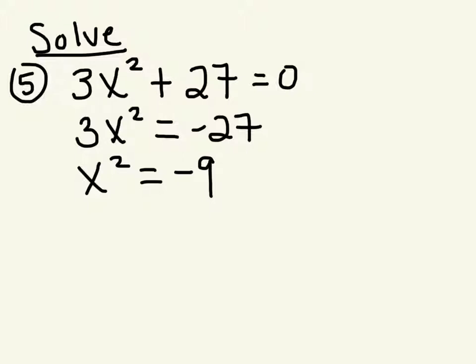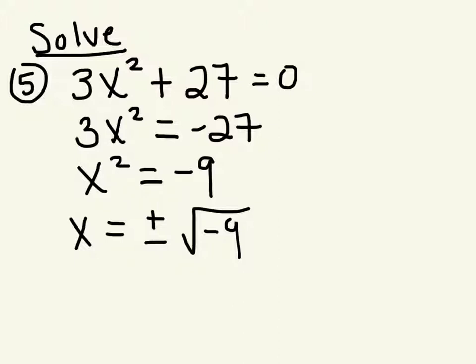So, if I were to solve for x, I'm going to take the square root of both sides. But let's remember, when I take the square root of both sides when solving an equation, both the positive and the negative square root will be solutions. Now we have to simplify the radical expression that we get as a result.